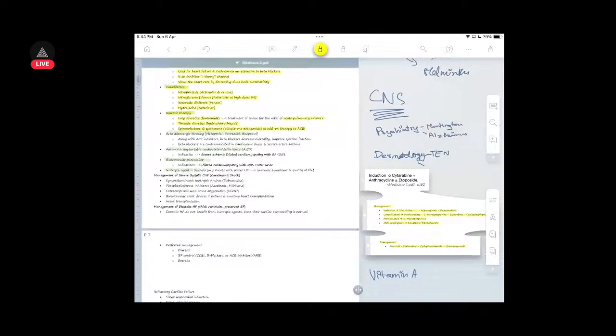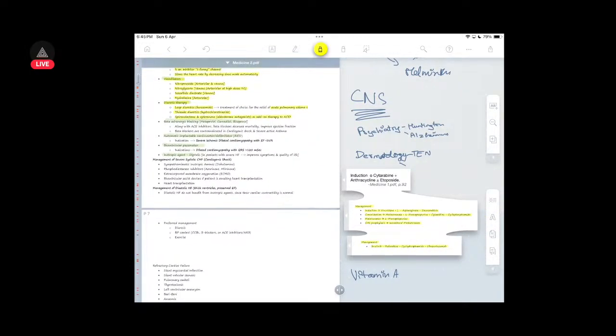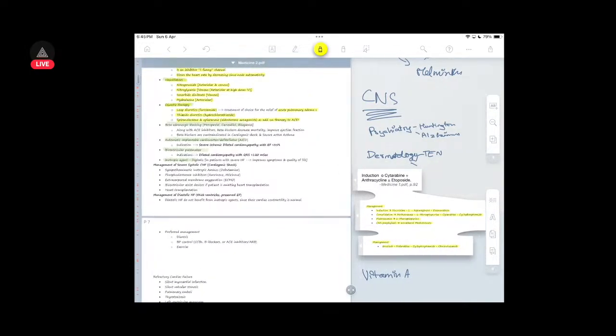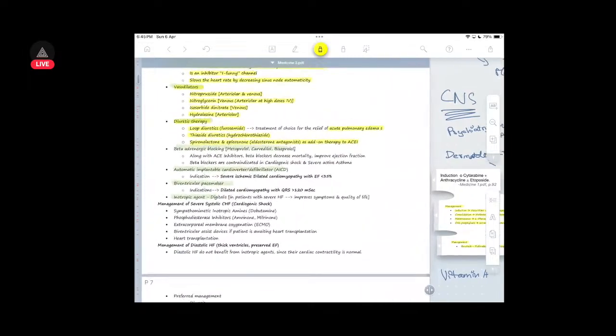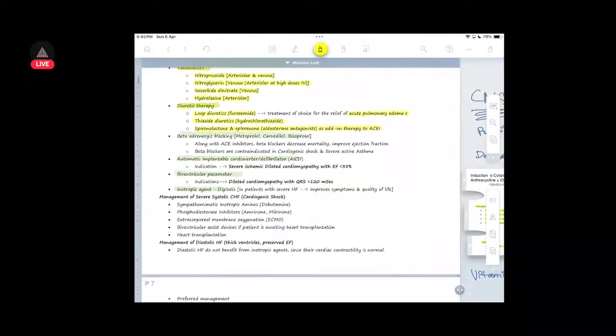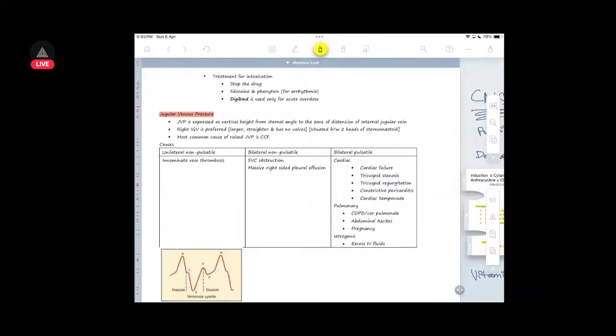CVS, RS, everything. Some infectious diseases I'll do off, but I'll have to finish cardiac first.